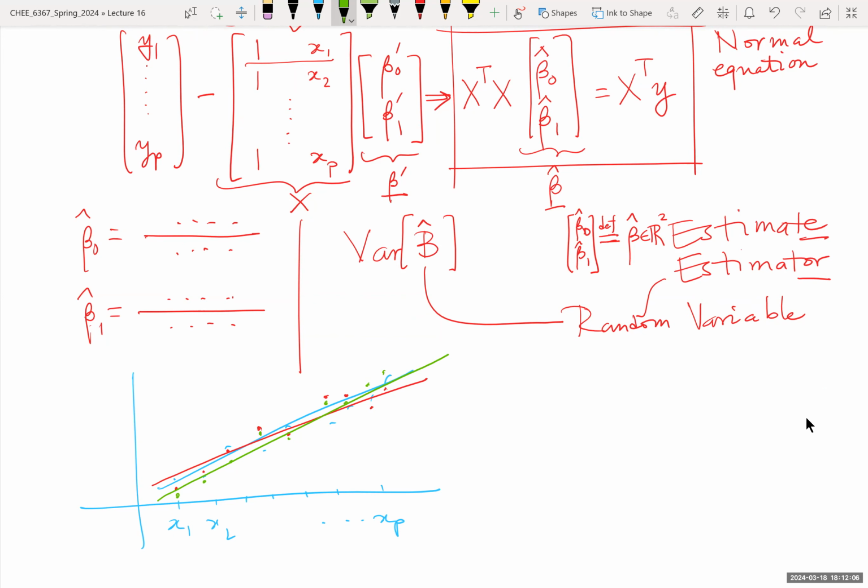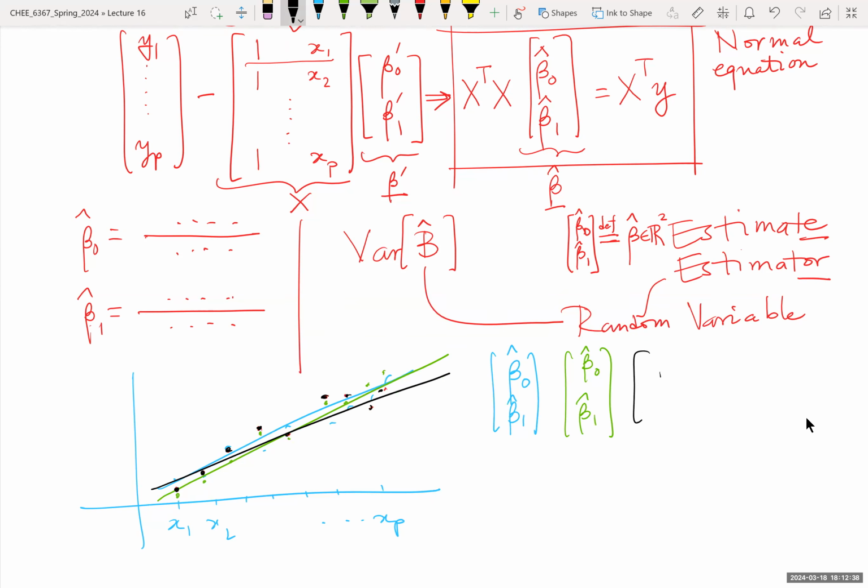Different in one way. In what way? Well, the estimate for the blue data is going to be beta hat 0, beta hat 1. The estimate for the green data is going to be beta hat 0, beta hat 1. The estimate for the black data, I want to reserve red for the final, so let me use black, are going to be that.